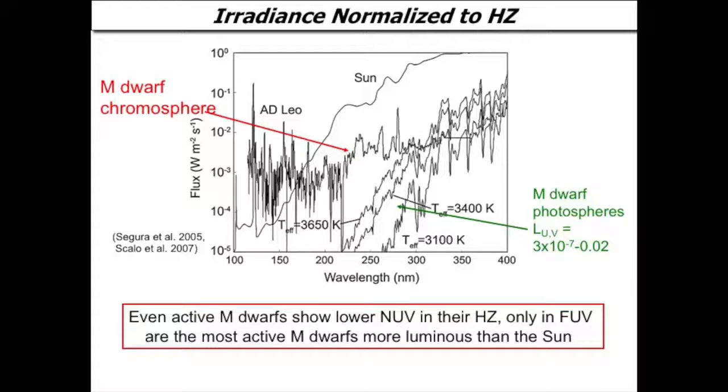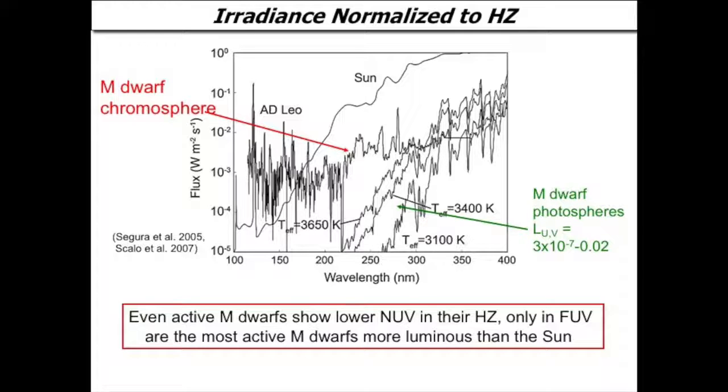Even if we have another look at another wavelength area, in the near UV, even there the most active M-dwarfs, like ED Leo in this case, show lower near UV in their habitable zones, and only in the far UV are the most active M-dwarfs more luminous than the sun. So also here the activity level is not really higher than for solar type stars, but it's staying up quite a bit longer.